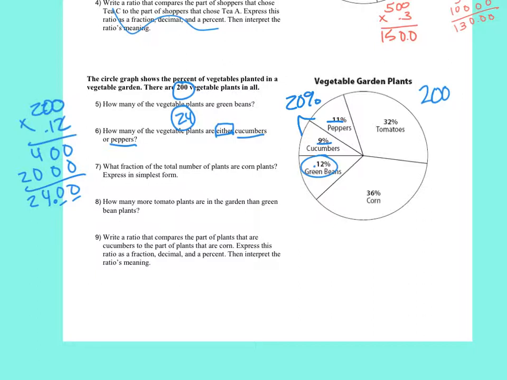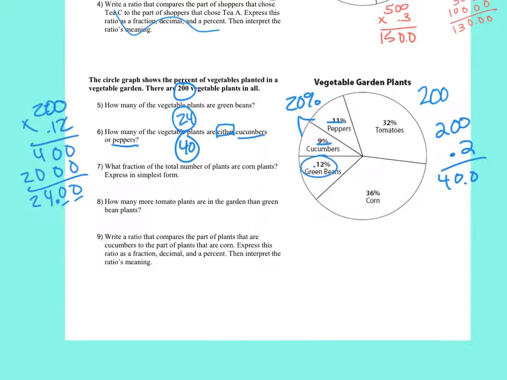Okay, so instead of doing 2 separate problems, take the 20%, turn it into a decimal, and multiply that by 200. So that would be 40.